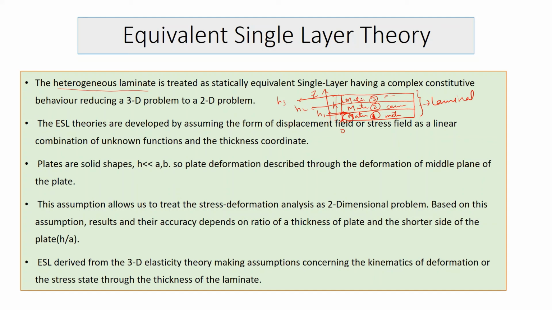So it is homogeneous within each layer only. But when we cross from one interface to the next, the properties of the material change, and so on. Therefore we call it a heterogeneous laminate. The laminate is heterogeneous; the lamina is homogeneous.